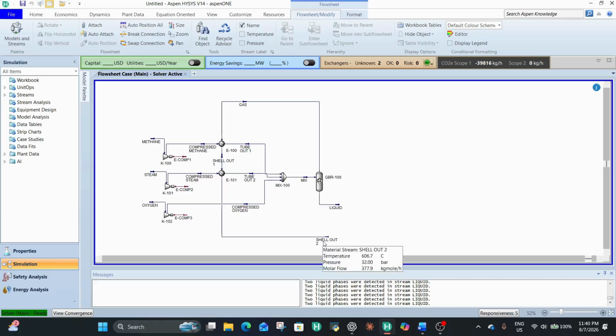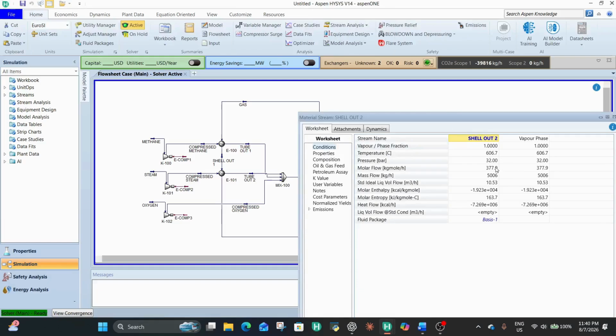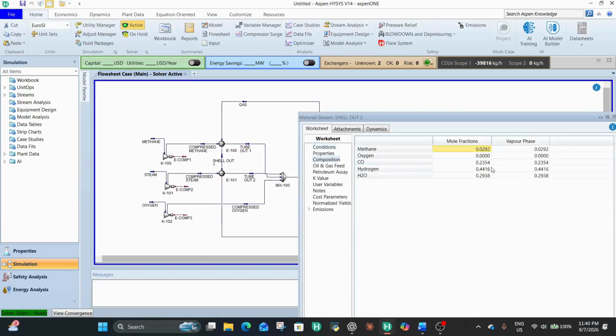So let's see. 44.16. It dropped from 44.45. I'm pretty much sure we still passed the benchmark for the flow. It's just the concentration of the hydrogen. And also our carbon monoxide is supposed to be the second most component present.